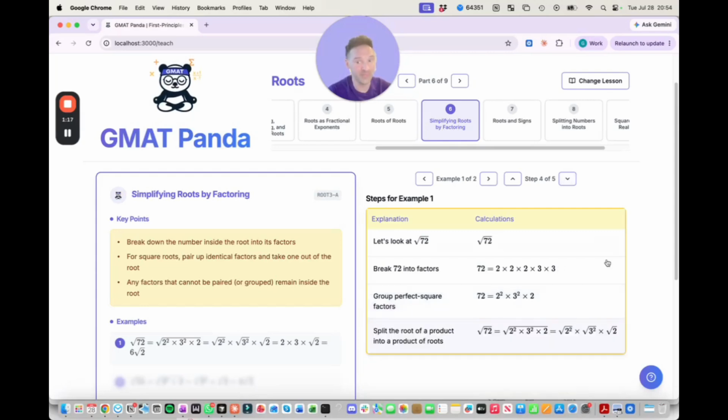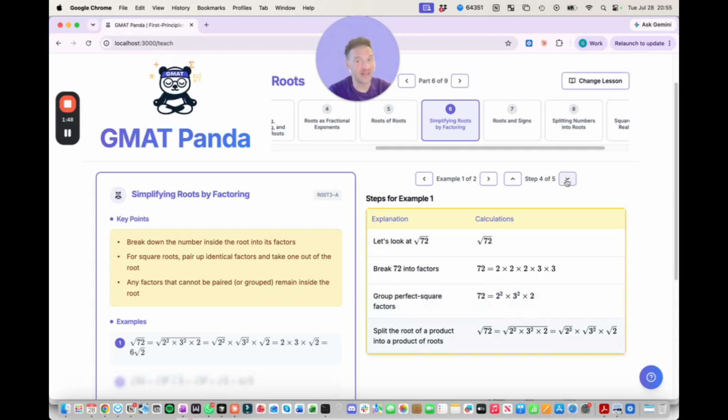Now, why are we pairing these factors up in pairs? Well, it's because we want to use the rule of multiplications of roots. So remember that when you have a root over a certain amount of multiplications, you can split them, right? So we can write this square root of 72 as square root of 2 squared times square root of 3 squared times square root of 2.